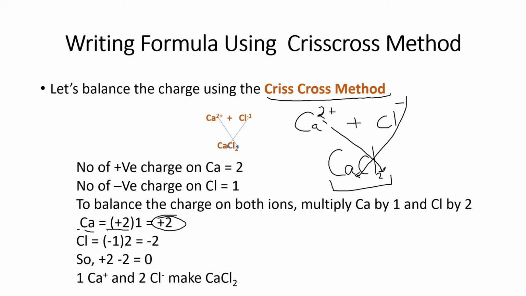And for the chlorine the charge is negative 1, and there are 2 chlorines, so times 2 equals negative 2. So there is a balance of charge, plus 2 charge equals the minus 2 charge. However, in a neutral compound the net charge will be 0. Always remember this.